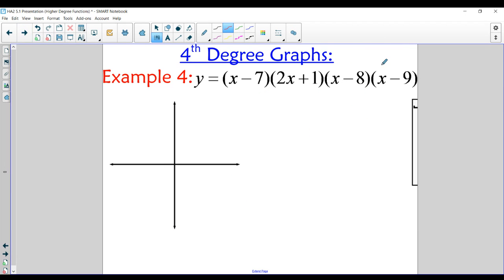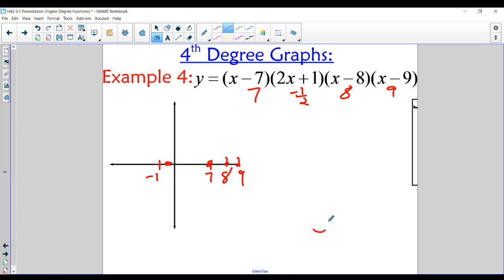All right, that's cubics. What about larger degreed ones? So 4th degree on this one. So 7, -1/2, 8, and 9. There's the -1/2, 7, 8, 9.